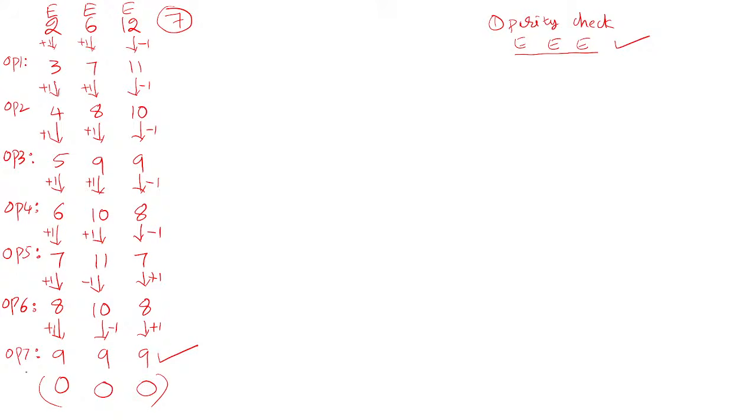Then how to arrive at this number 7? How to know that only 7 operations are required for this? For this, let us understand the gap.